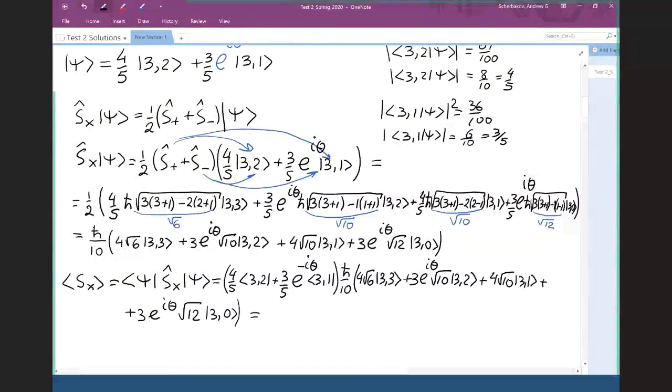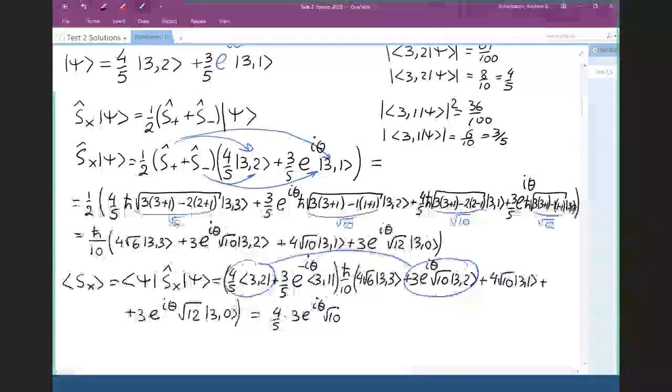That is really easy to calculate. The 3,2 bra will find the 3,2 ket and will produce 4 over 5 times 3 e to the I theta root 10, times h bar over 10.